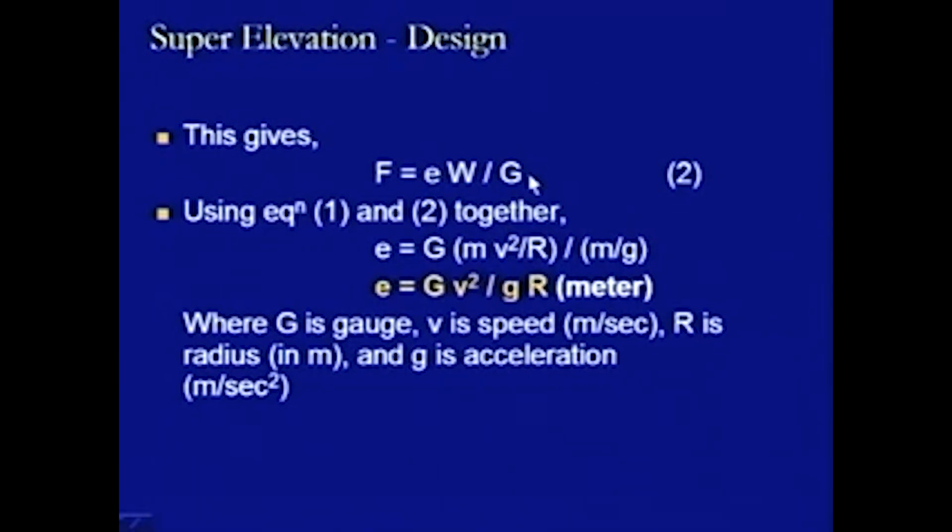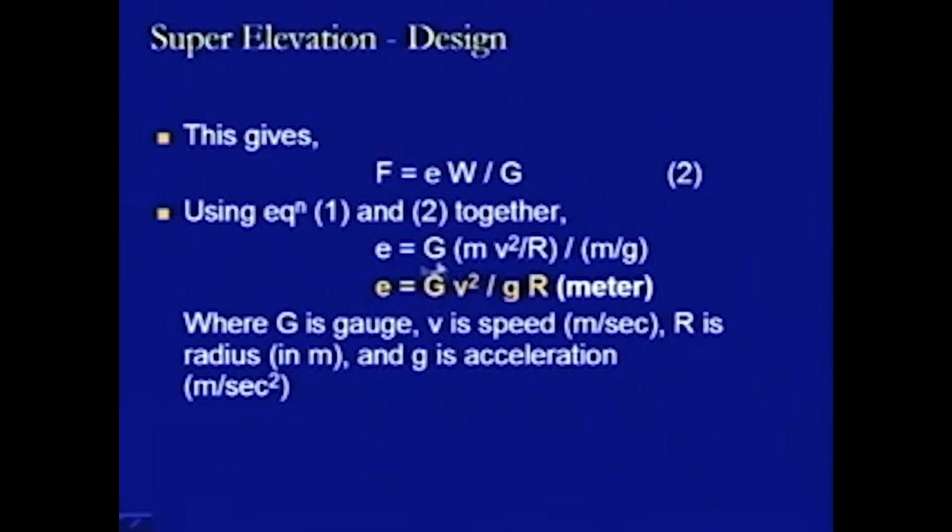Now, if we use this equation along with the previously found equation for F, we get E equals G multiplied with m v square divided by r, divided by m g, and finally it transforms as G v square divided by g r, where G is the gauge, v is the speed of the train, small g is the acceleration due to gravity, and r is the radius. The values are given as v, the speed in meter per second, r, the radius in meter, and g, the acceleration in meter per second square.